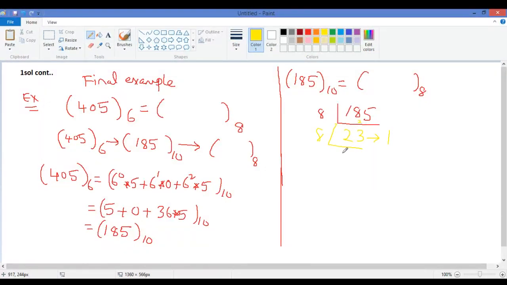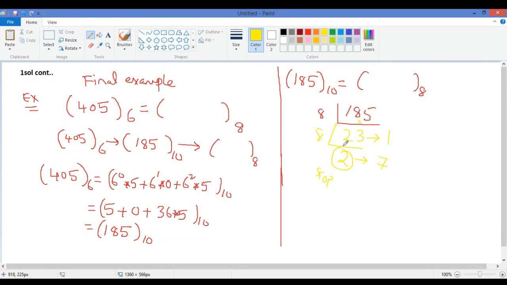Then 8 twos are 16. 17, 18, 19, 20, 21, 22, 23. So 7 is the remainder. And you know that this 2 is smaller than 8. We will stop here.